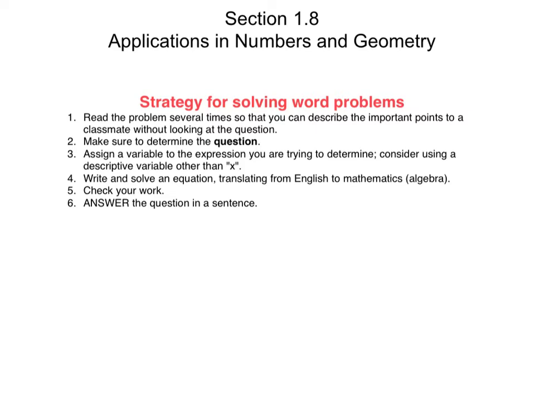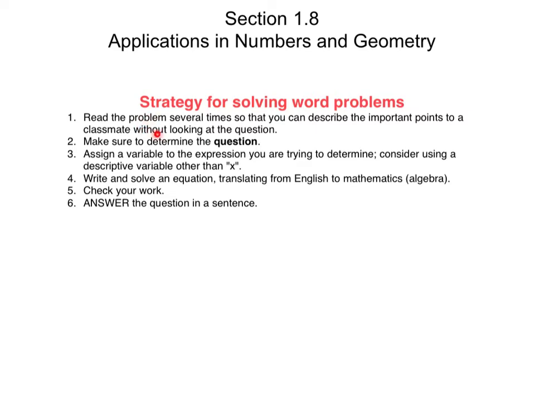For example, if you're looking for how old Jack is, then instead of using x, use J to describe Jack's age. What you do then is really the heart of the problem. You take the English statement that you're given and you translate it to mathematics, and you write and you solve that equation. That's the hard work.